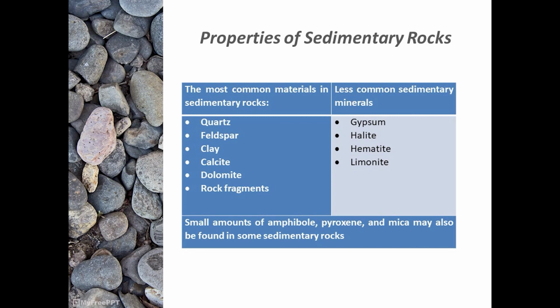The less common minerals that are found in sedimentary rocks are gypsum, halite, hematite, and limonite. Note that small amounts of amphibole, pyroxene, and mica may also be found in some sedimentary rocks. That's all for the part of sedimentary petrology.